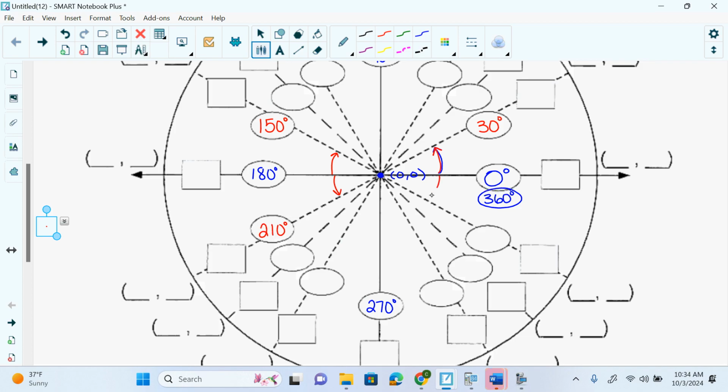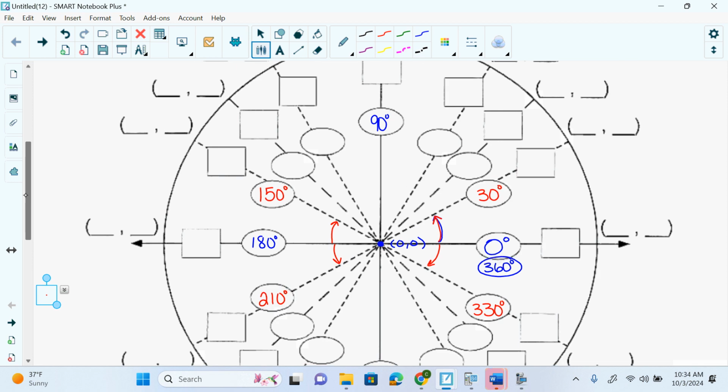And then this is 30, so we go 360 minus 30 and we get 330. Fun fact, those 4 degrees will come up with the exact same coordinates, just some being positive or negative because it's on a Cartesian plane. Right? So those red ones will come out with the same answers. Okay, let's go to the next one.